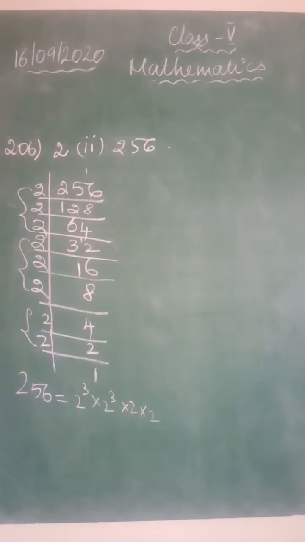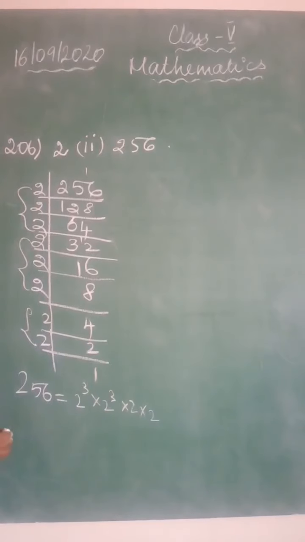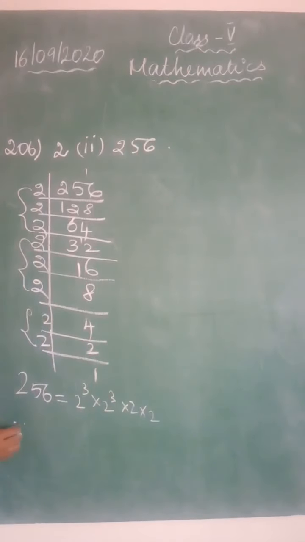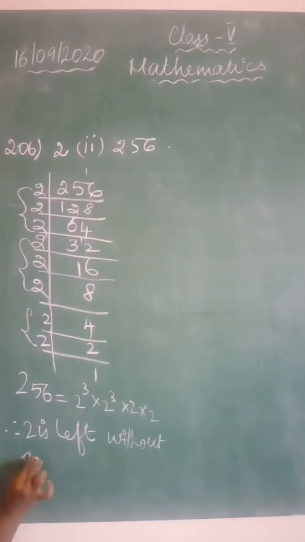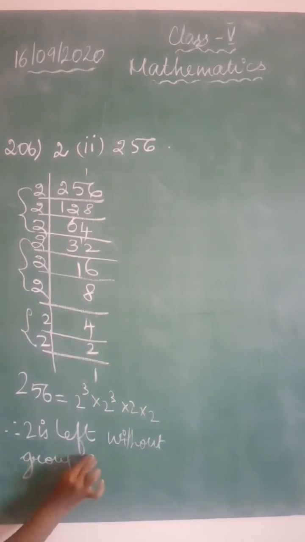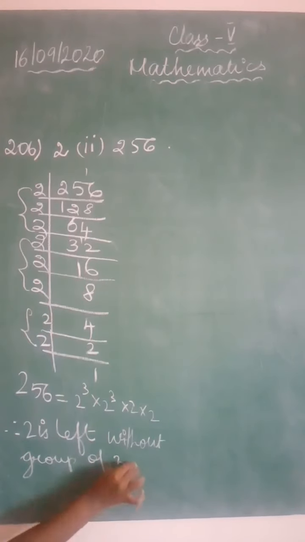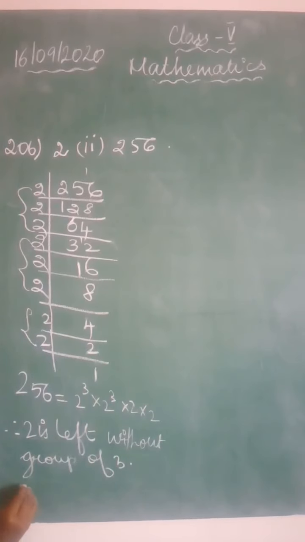a perfect cube. Okay, so right, therefore 2 is left without group of 3.